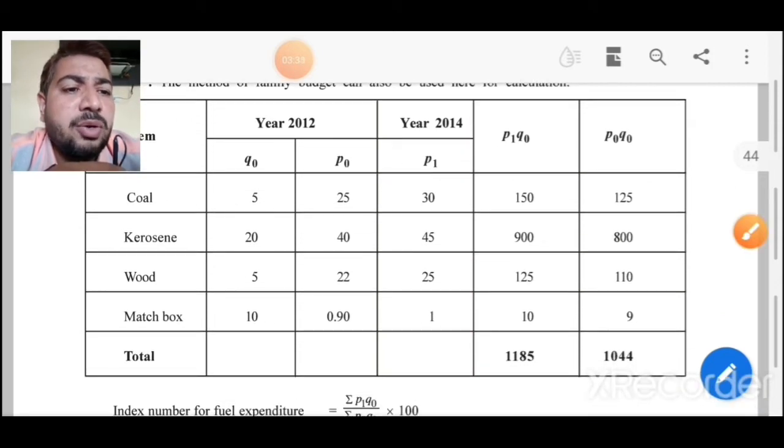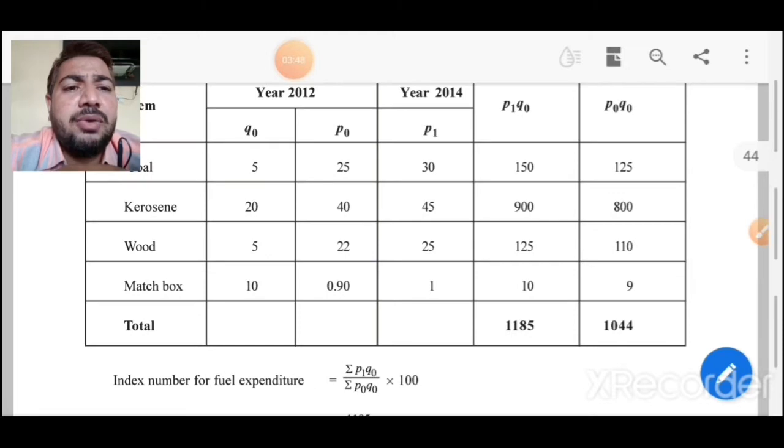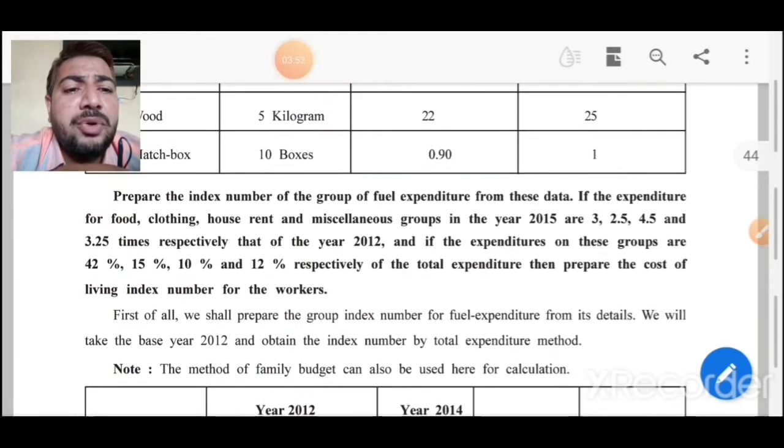So we have made the total of P1Q0 and P0Q0, and we have applied the formula and found the index number 113.51.